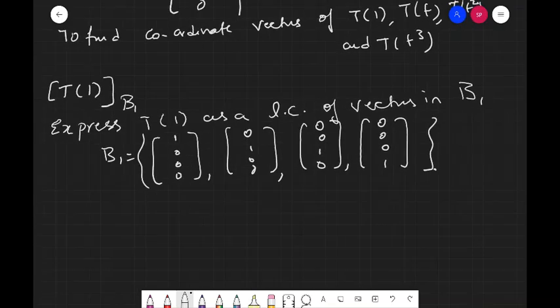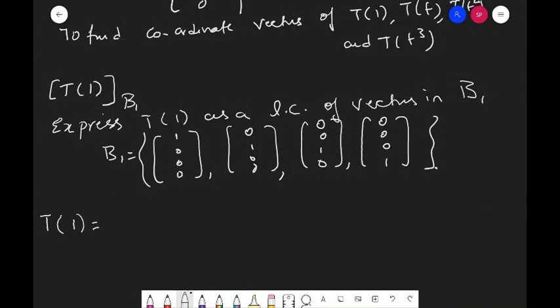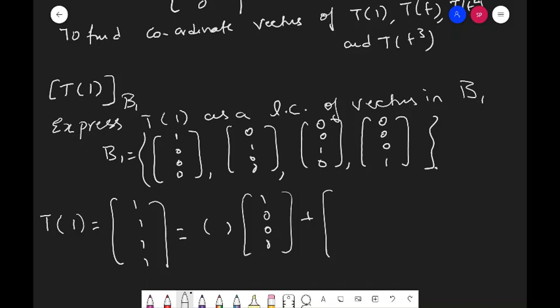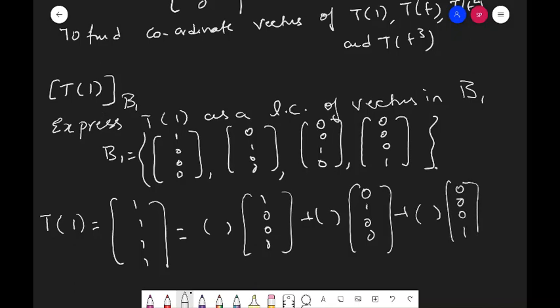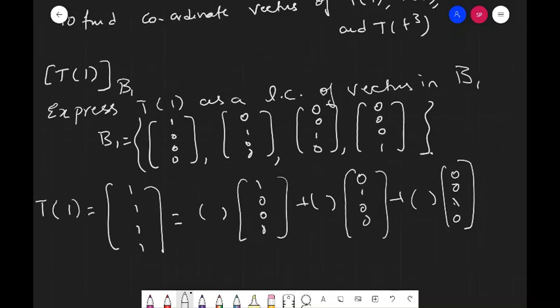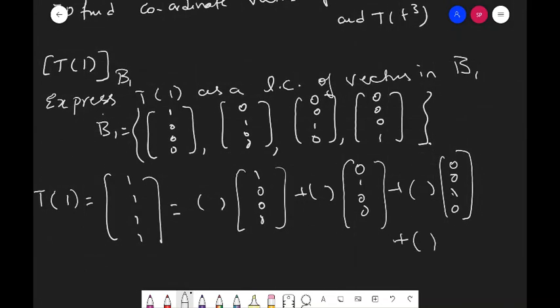Therefore, I have here T of 1 is 1 1 1 1. How can I write it as some scalar into 1 0 0 0 plus some scalar into 0 1 0 0 plus another scalar into 0 0 1 0 plus another scalar into 0 0 0 1.